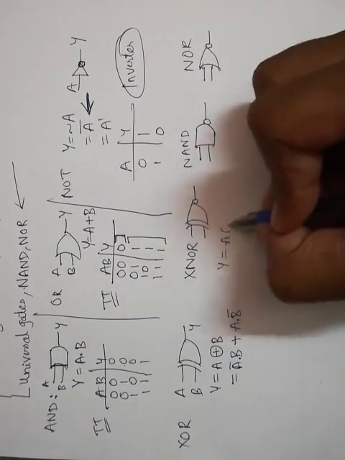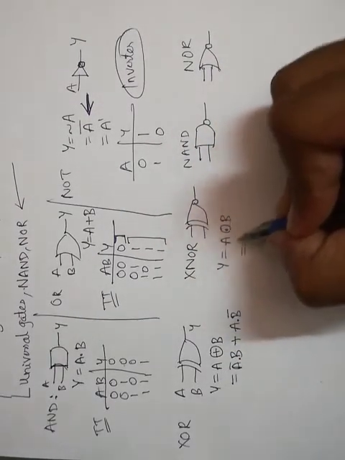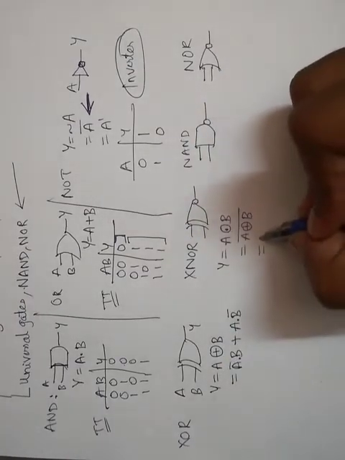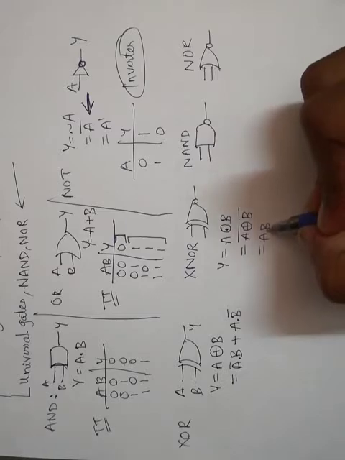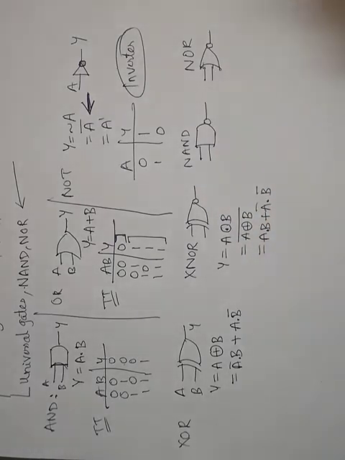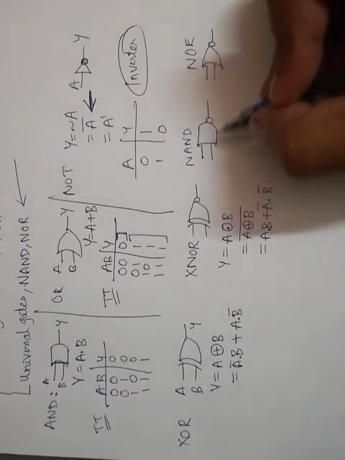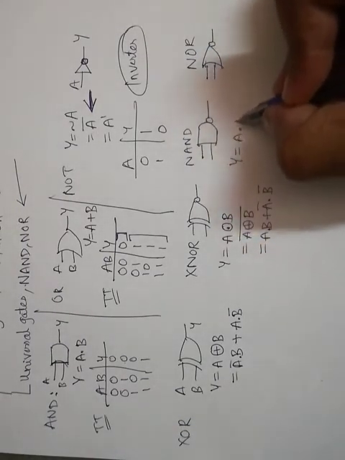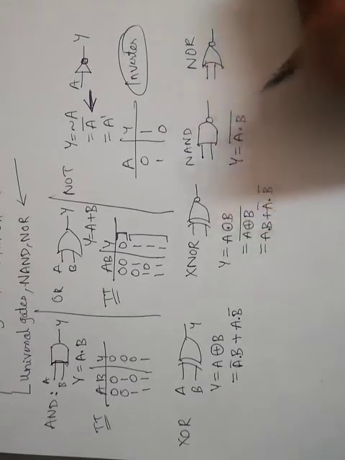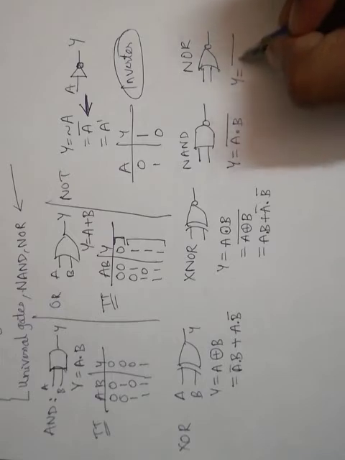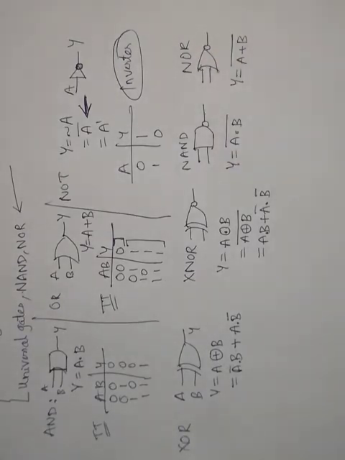Y equals A XNOR B, also called the opposite of A XOR B, can be expressed as A and B ORed with A bar, B bar. NAND is not of the AND gate. So how we write is Y equals not of A and B. Similarly, the NOR gate is not of A or B. So this is how we have all our gates.